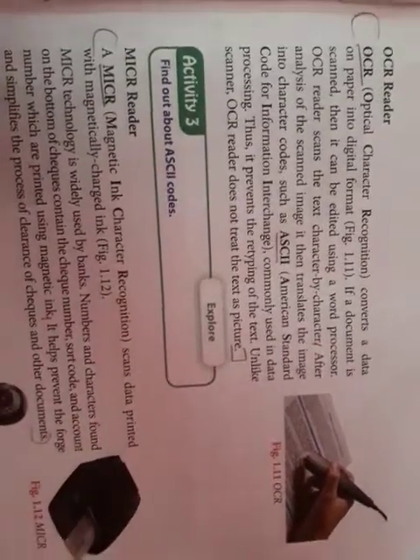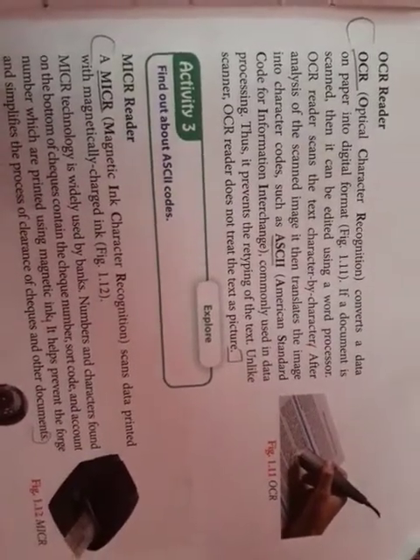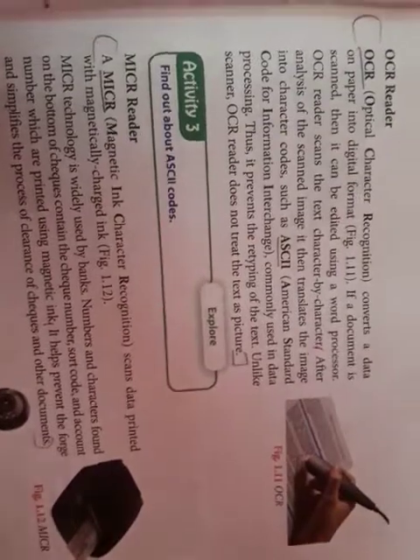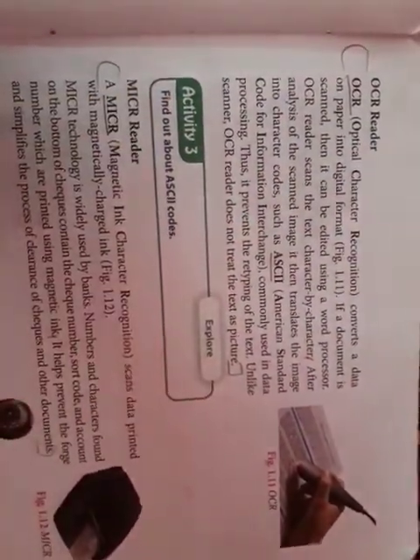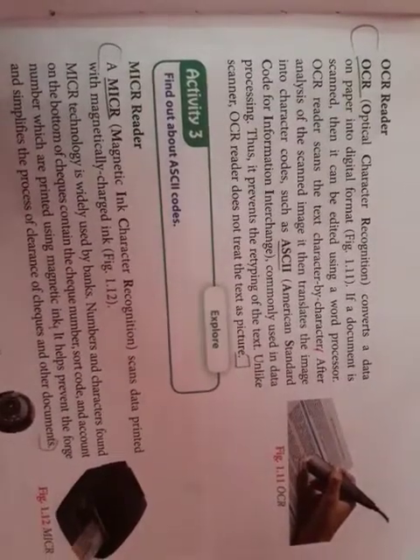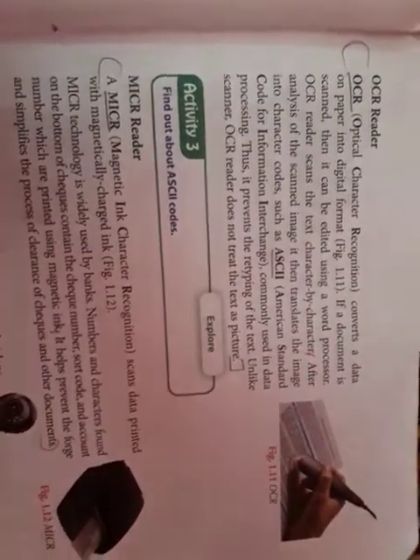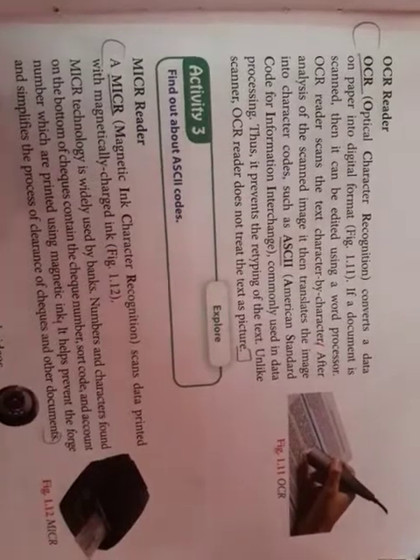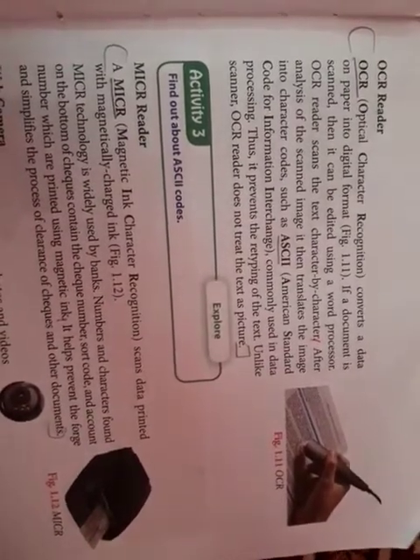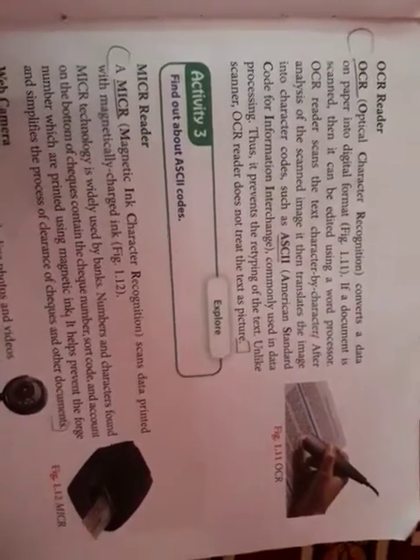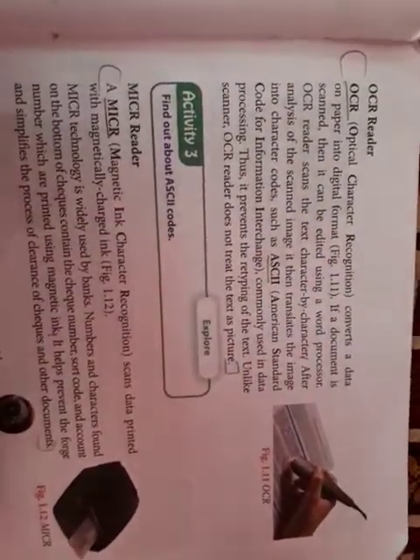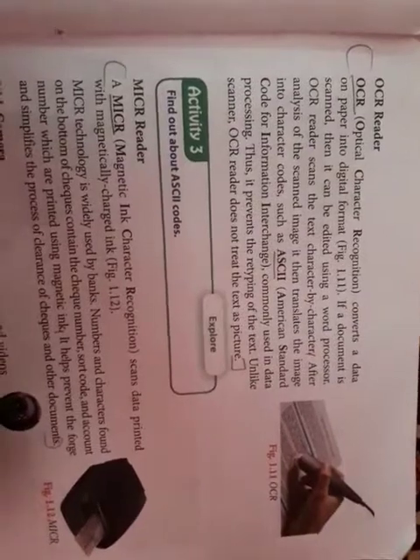Now students, suppose someone gives you the task to type this entire paragraph into the computer, into the MS Word software, what will you do? You will take the book and you will start typing. But students, do you know an OCR reader is used to convert this entire paragraph into text by using that device.